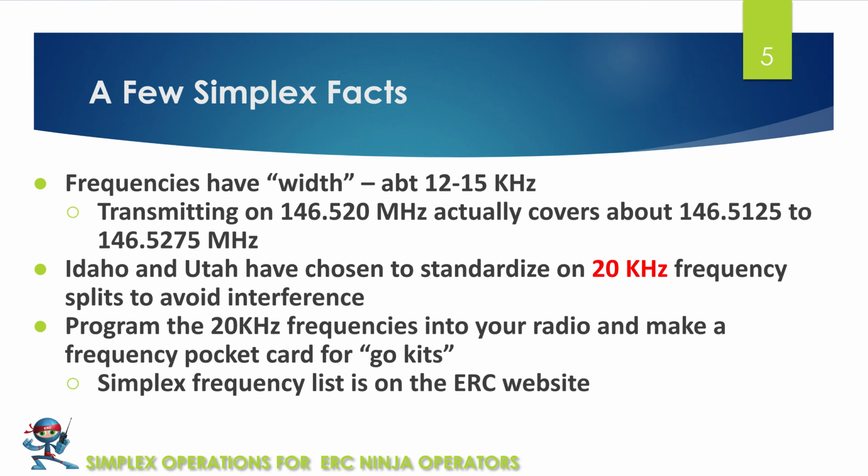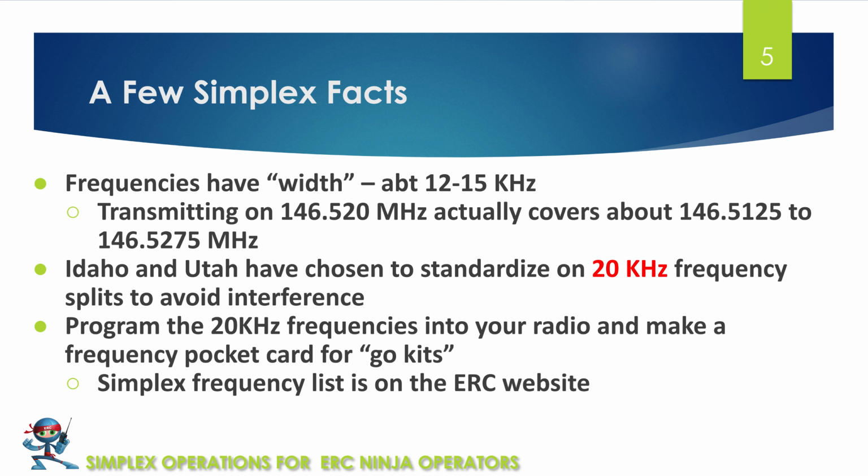Transmitting on 146.52 actually uses 146.5125 to 146.5275 megahertz. You can see that two signals of roughly equal strength must be at least 20 kilohertz apart to avoid interference between them.